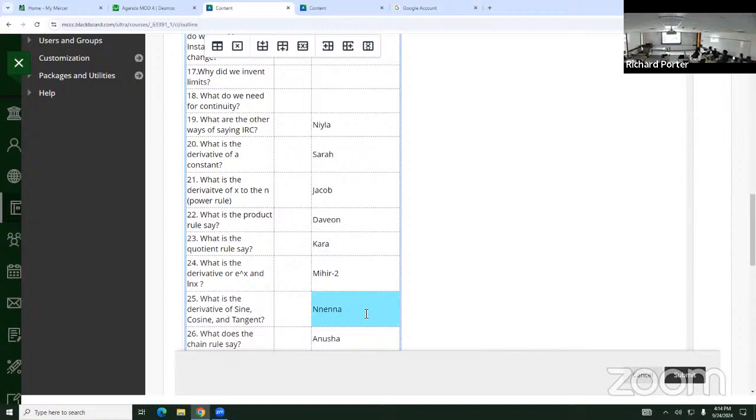You're done. Naina, what is the derivative of sine, cosine, and tangent? Derivative of sine is cosine. Derivative of cosine is minus sine. And the derivative of tangent?